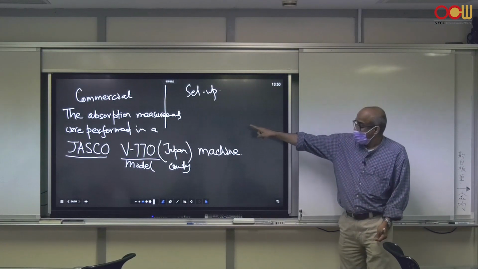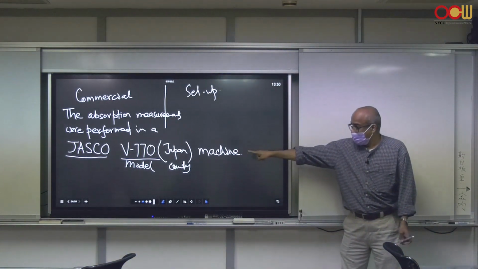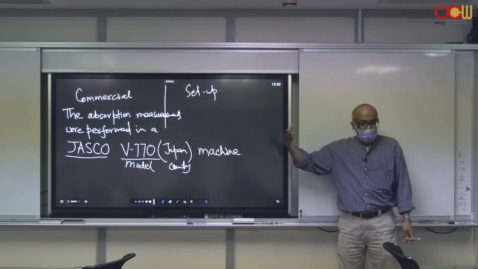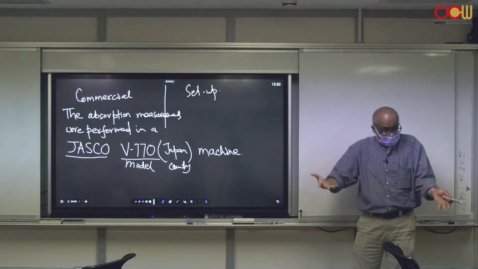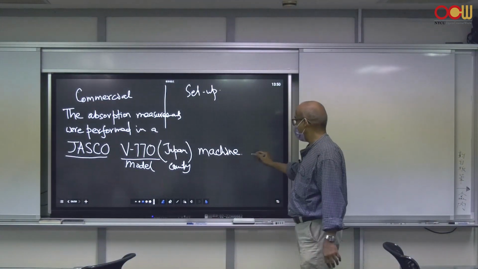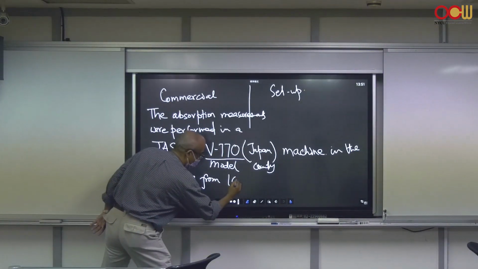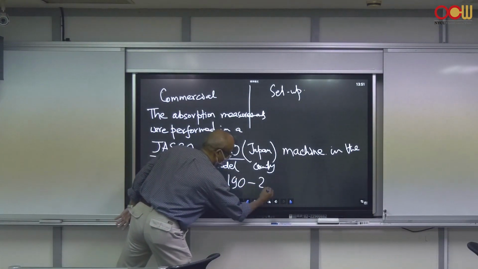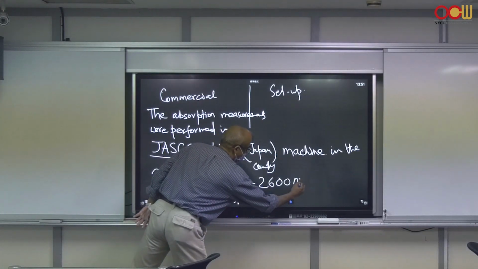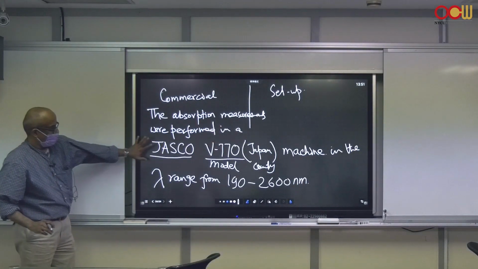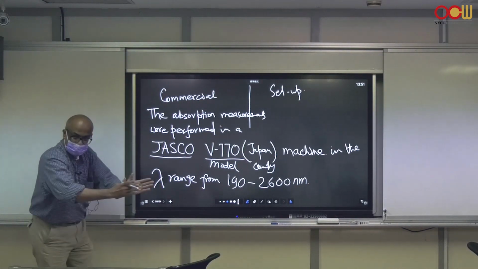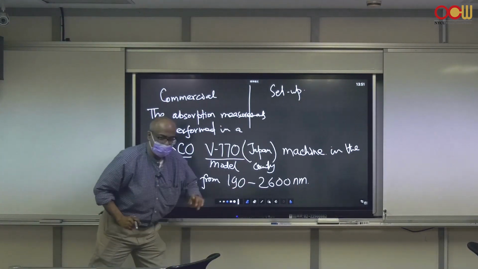So when you say the absorption measurements were performed in this kind of machine, you have to say what range, in the wavelength range from 190 to 2600 nanometer. So this is the machine, and how much it can measure? It can measure from here to here.